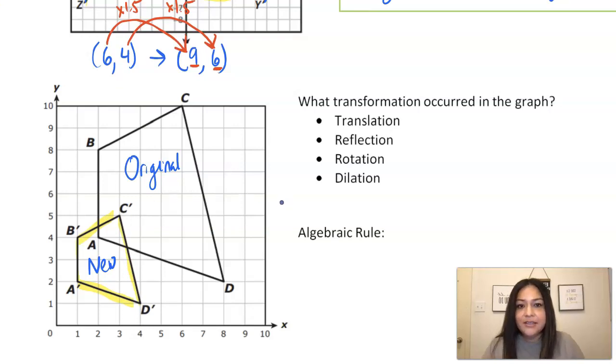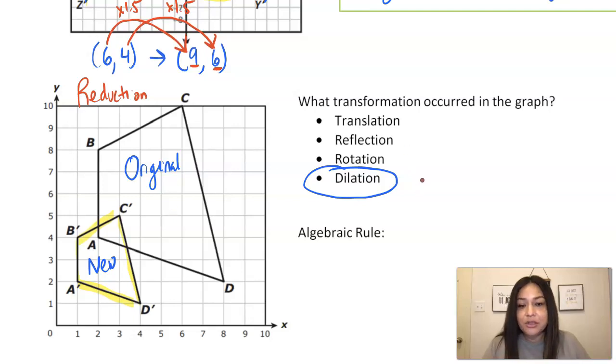And if the size did change, this is most definitely a dilation. So if the size changed, I need to ask myself, was it enlarged or was it reduced? And in this case, this is a reduction because the new figure is smaller than the original. So although it is still a dilation, it's a little bit different from the previous just because the new one is smaller than the original.